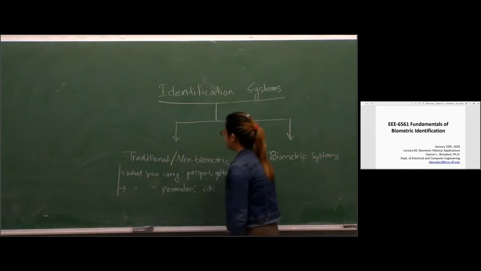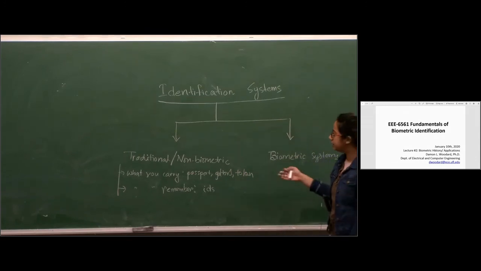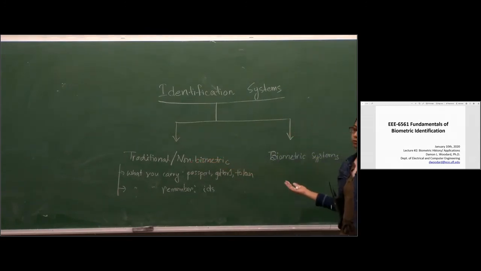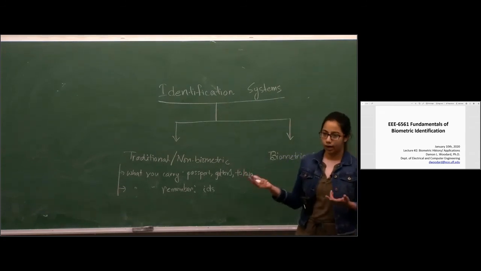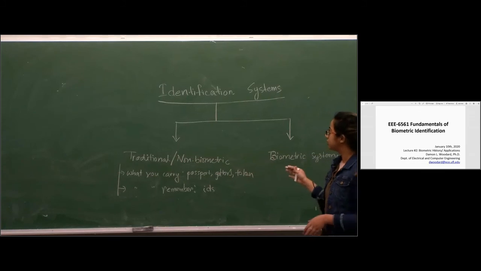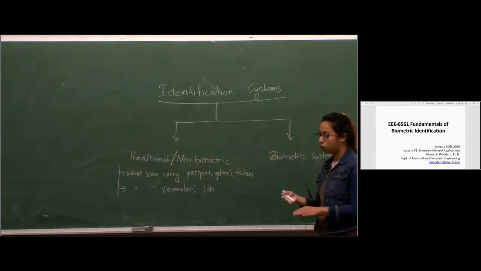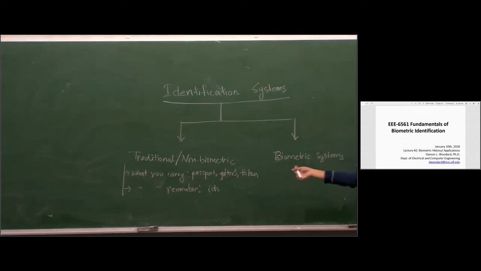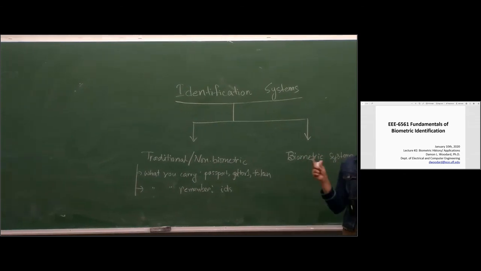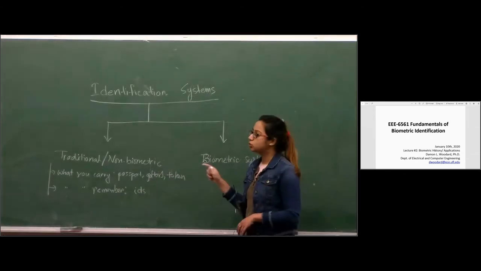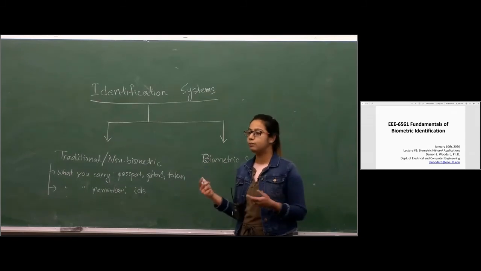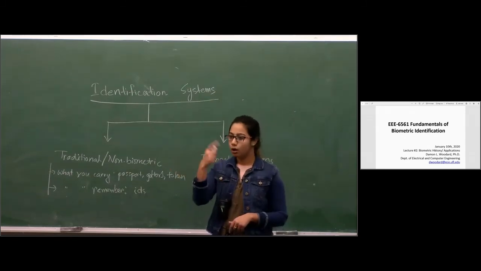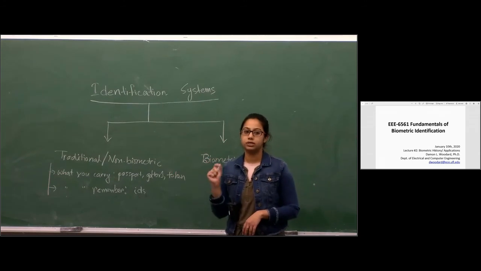Any physical token which you can carry to prove your identity is called a non-biometric or traditional identification system. Or some password, like your Facebook ID and login password, these are also considered traditional or non-biometric identification systems. But when you talk about a biometric system, this is totally different from those. This is something which you don't have to carry physically with you, plus you don't have to memorize. Like I'm not memorizing what my fingerprint is or what the most important features of my face are.